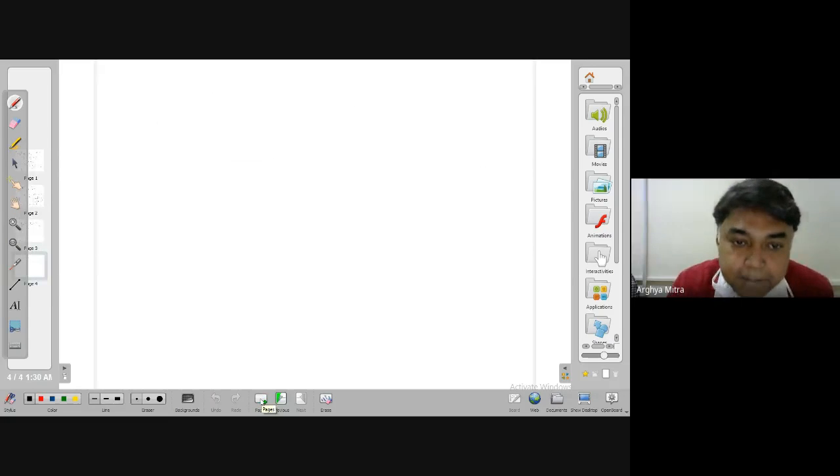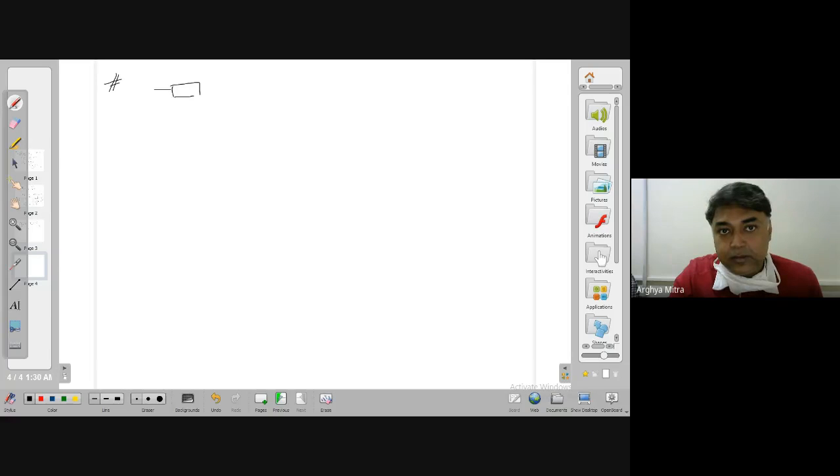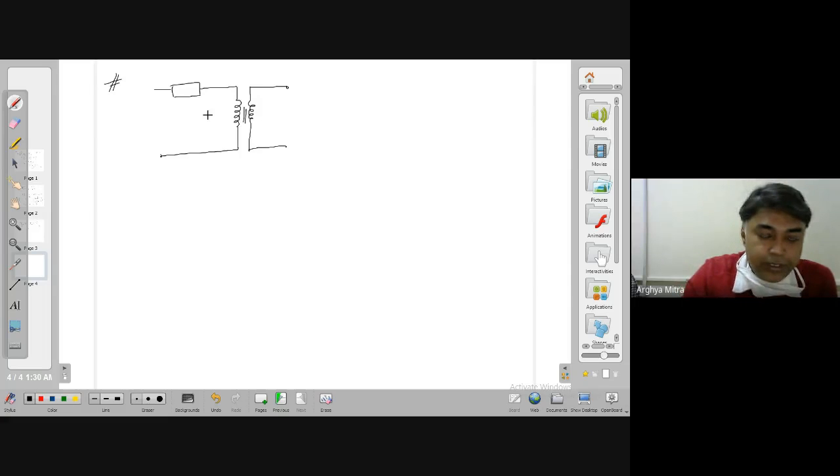Now let us take a very interesting problem. It's simple but interesting. So it is something like that. What I'm drawing is a schematic representation of a two-winding transformer. Okay, so what are the things given? Here we have sine omega t.